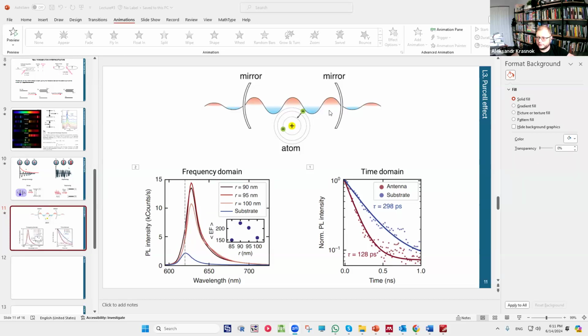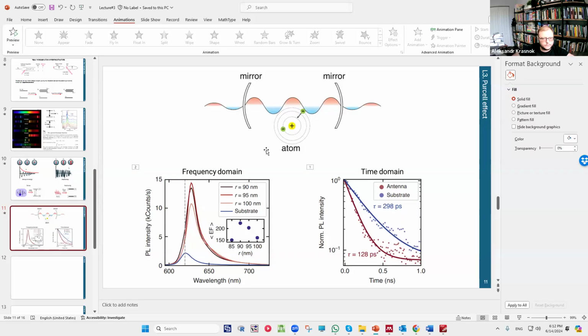But we design this resonator in a way that the partial waves cancel each other. Canceling each other means that there is no resonator mode to couple to, basically. And if there is no mode, we suppress the sound. So this is another kind of application of the same effect.